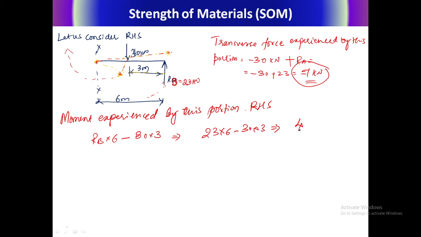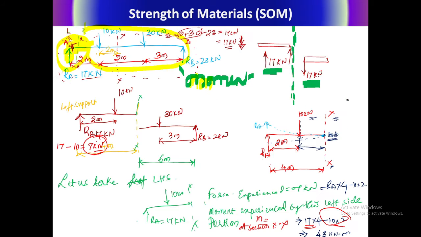Someone calculate how much you are going to get the value here. 48. 48 kilonewton meter. Yes, sir. Okay. So now this is making in clockwise direction. Earlier it is making in anti-clockwise direction. Right?